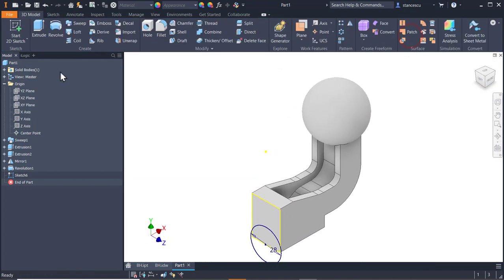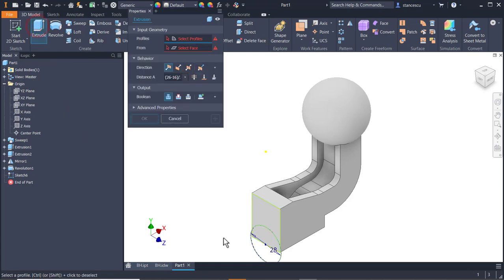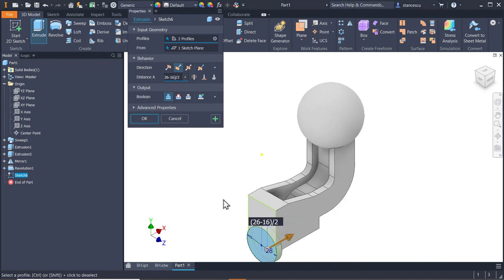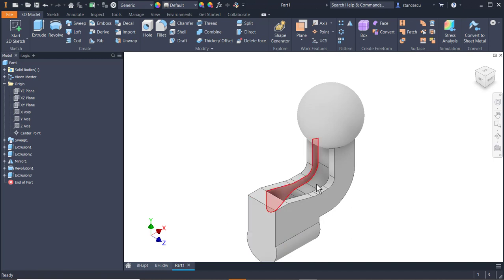Finish sketch, extrude all this in the other direction as a volume on a distance of 41. This distance is 41. Okay.